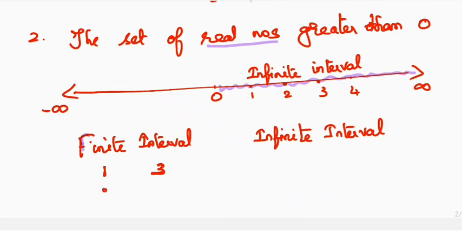It starts with 1 and ends with 3, so we can draw a line segment. The intervals corresponding to line segments are called finite intervals. Coming to the second example, I said infinite interval. It starts with 0.